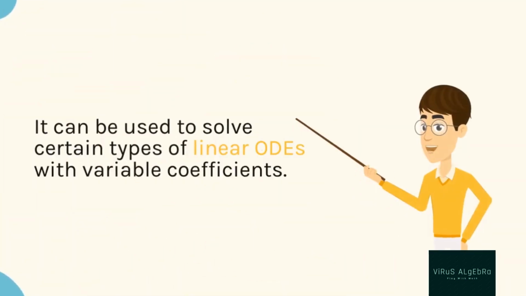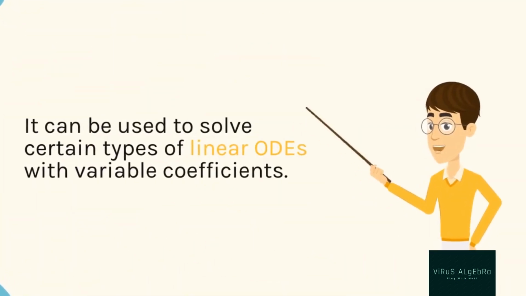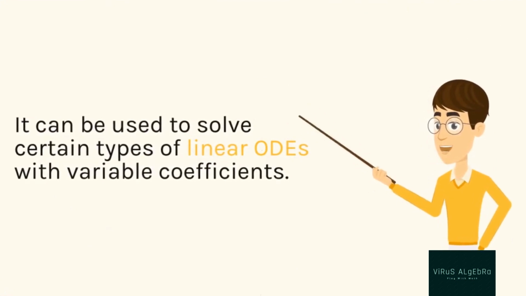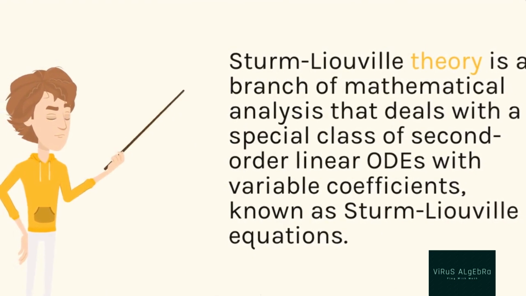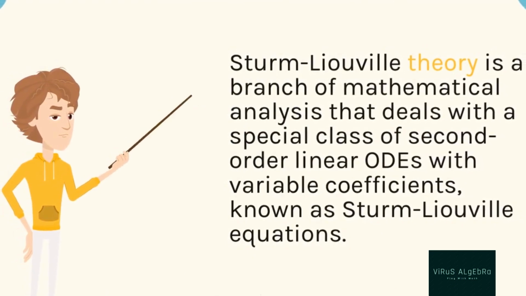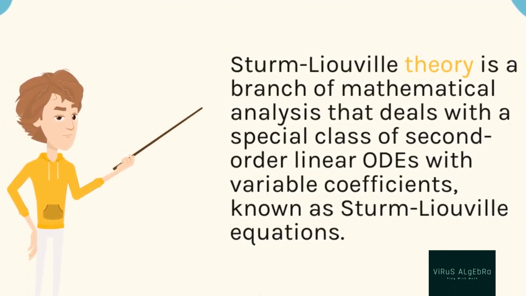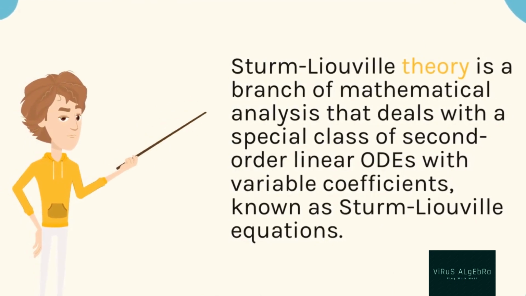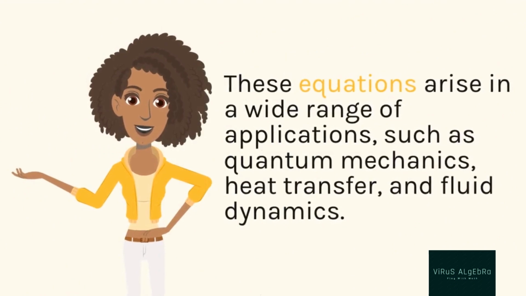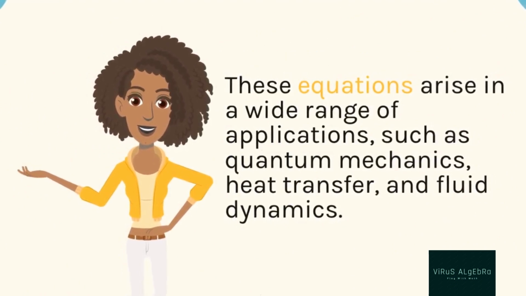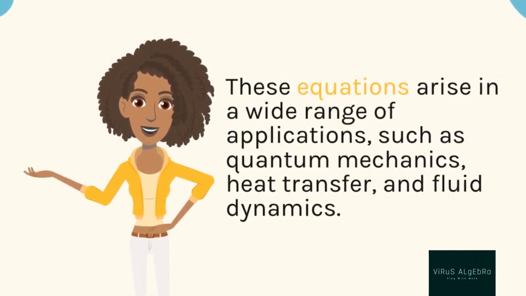It can be used to solve certain types of linear ODEs with variable coefficients. Sturm-Liouville theory is a branch of mathematical analysis that deals with a special class of second-order linear ODEs with variable coefficients, known as Sturm-Liouville equations. These equations arise in a wide range of applications, such as quantum mechanics, heat transfer, and fluid dynamics.